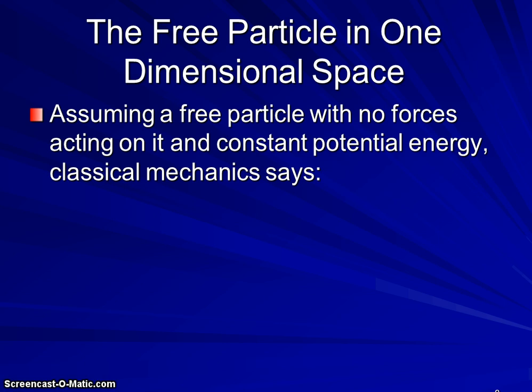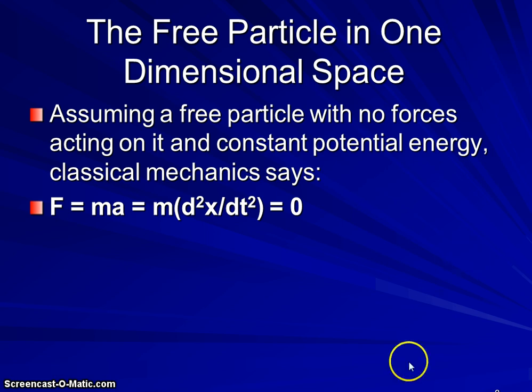So it's got constant potential energy. And so classical mechanics would say, Isaac Newton would say, force equals mass times acceleration, where acceleration is the second derivative of position with respect to time, and the total number of forces is zero if we're dealing with a particle we're describing in this way.